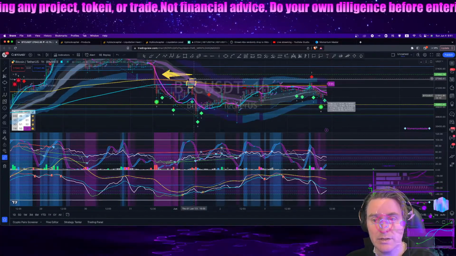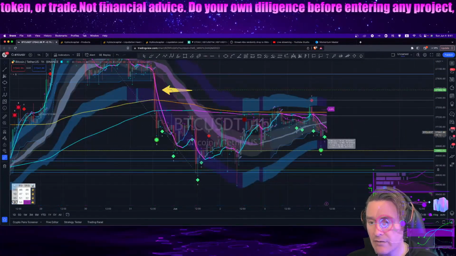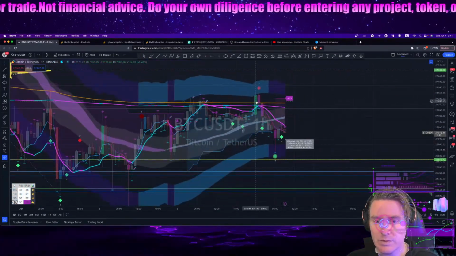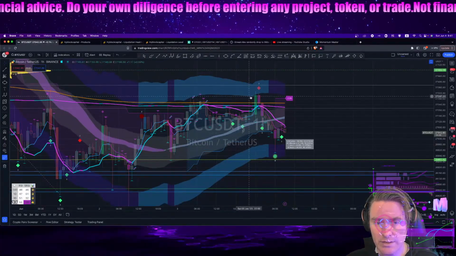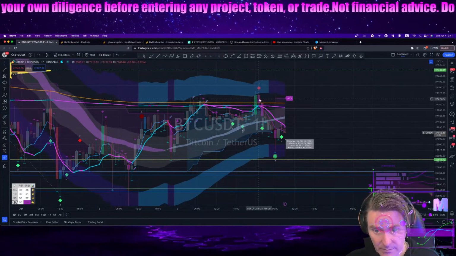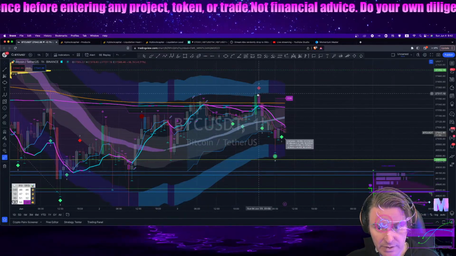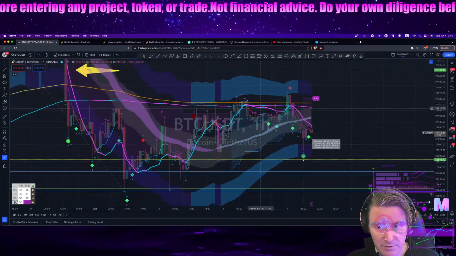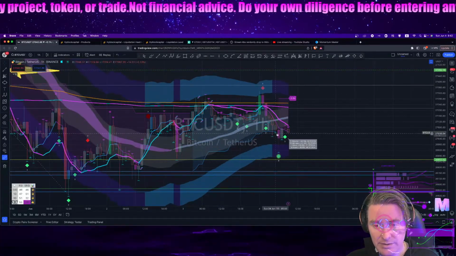Also, you had the cross down event and the rejection of the adaptive moving average. This was around midnight my time. I was getting some rest in preparation for the week ahead. So this was a rejection, an attempt to reclaim and rejection of the adaptive weighted moving averages here, and you got the cross down event to the downside.